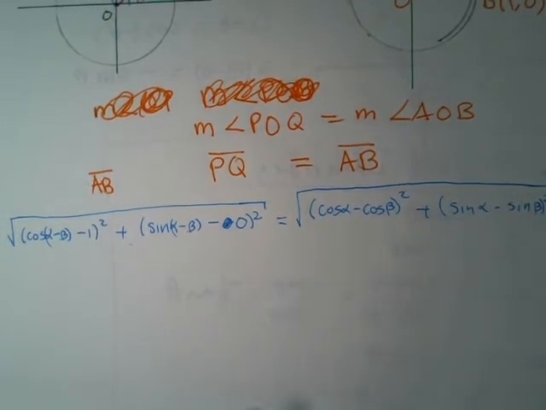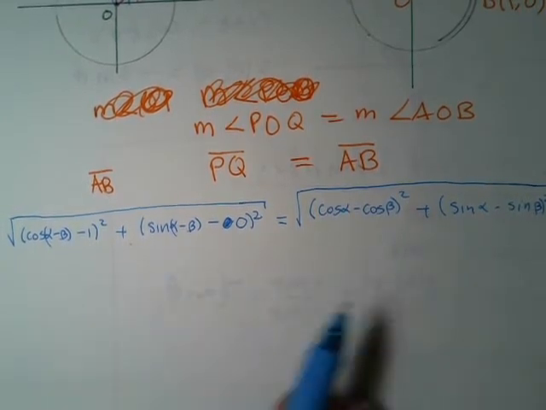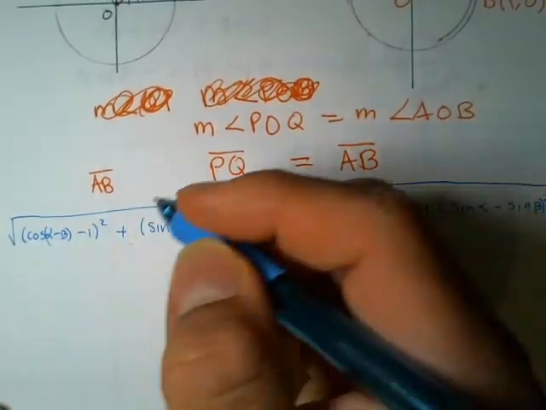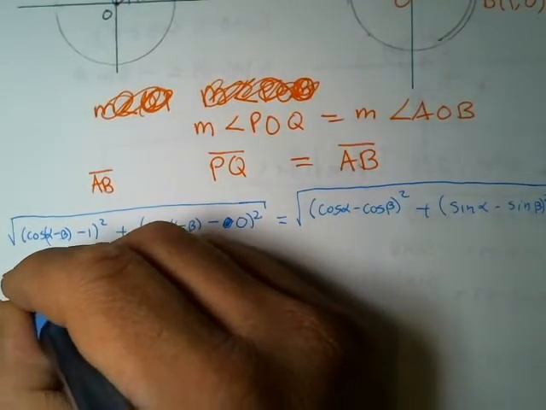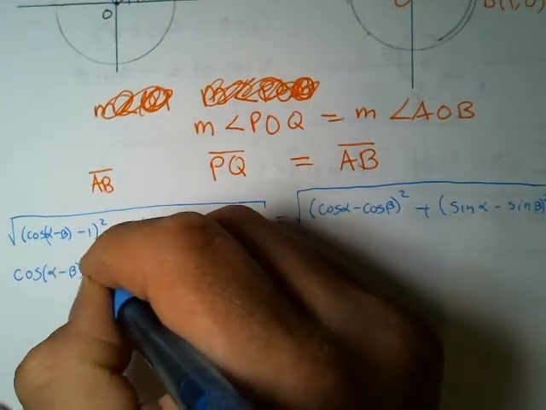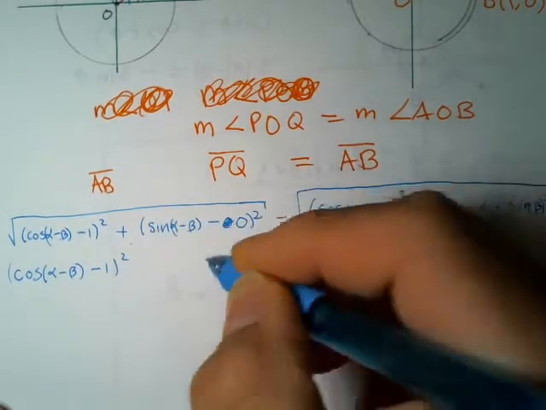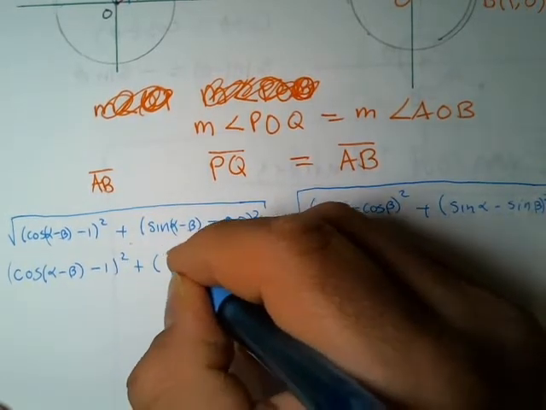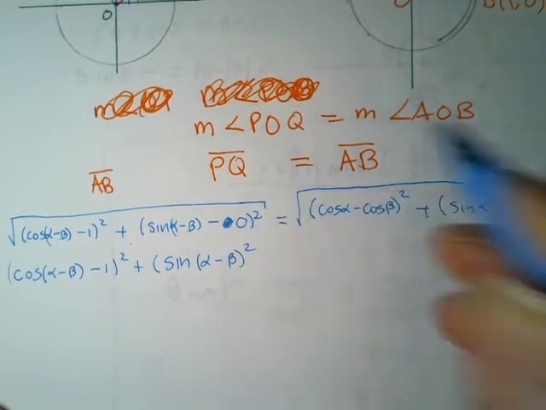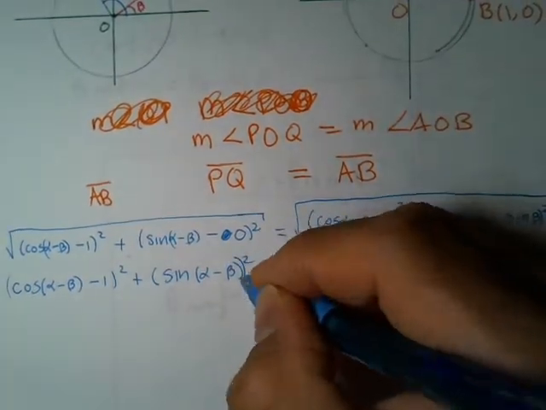One thing I am going to do is we have two roots equal to each other, so let's square both sides here. Kind of make our lives a little easier here. So we have cosine alpha minus beta minus 1 squared plus sine of alpha minus beta squared. I'm going to omit the minus 0 there.